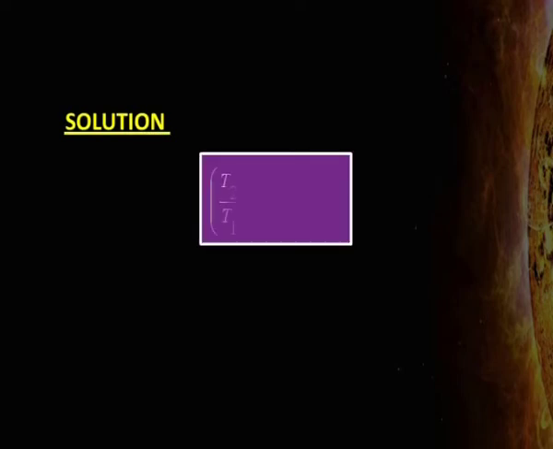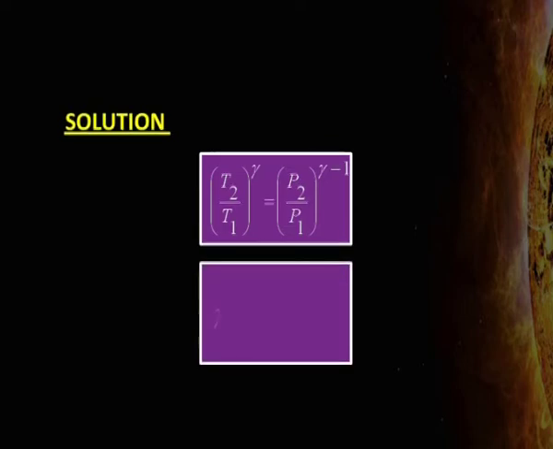To calculate work done, we have to calculate the final temperature T2 first. To calculate the final temperature, we have to use the relationship T2 upon T1 to the power gamma equal to P2 upon P1 to the power gamma minus 1. As you know, gamma is equal to Cp by Cv and both the values Cp and Cv are given.